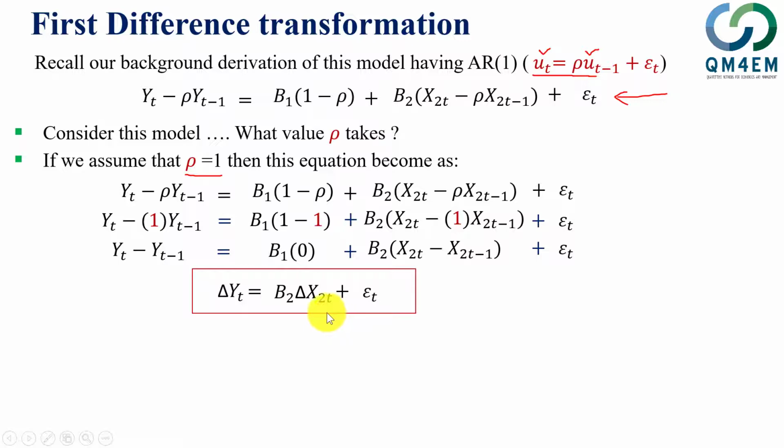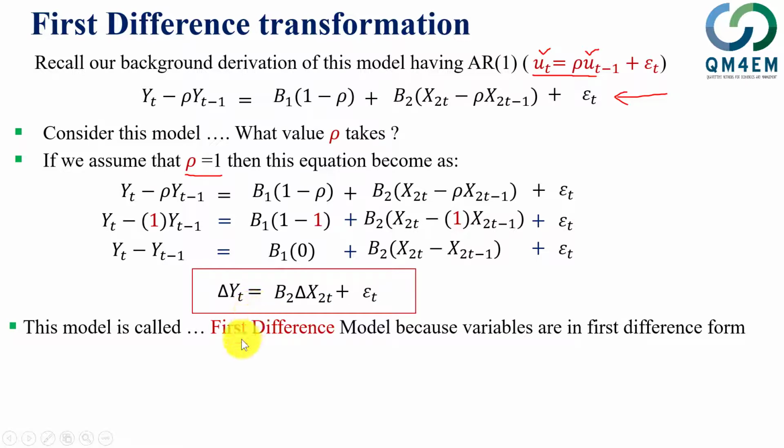Now look at this transformed model. This is called the first difference model because the dependent variable is no more a single variable, rather it's the difference between the original value and its first lag. Similarly, the explanatory variable is also in the difference form.